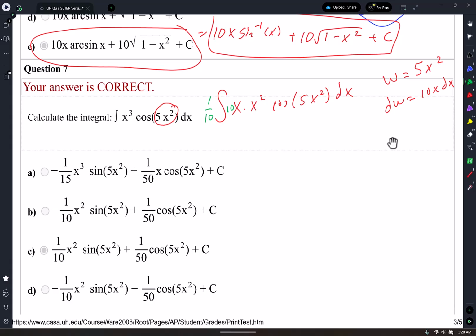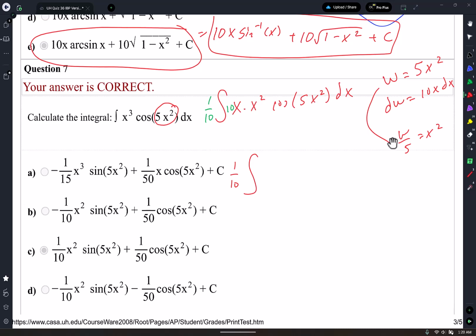And I can write everything in terms of w again. If you're wondering what I'm going to replace x squared with, well, w equals 5x squared, so w over 5 equals x squared. So here we go. I have a 1/10 on the outside. Integral. The 10x dx is dw.